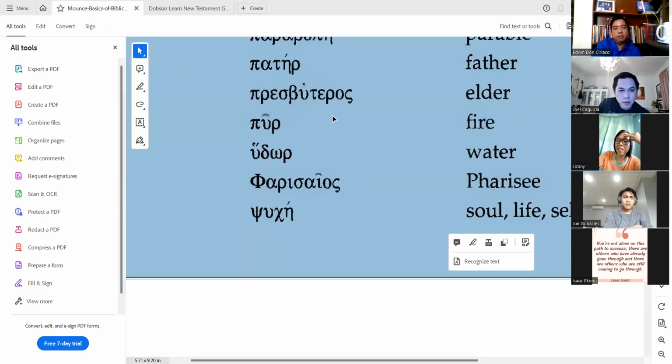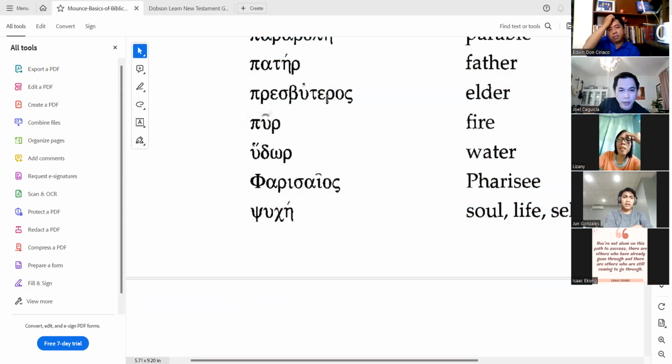While elder is presbyteros. The presbyter or the Presbyterian Church, a church led by elders. Presbyteros, elder. And then fire is also similar, the same, pur. Pur is fire. Pur in Greek, fire.